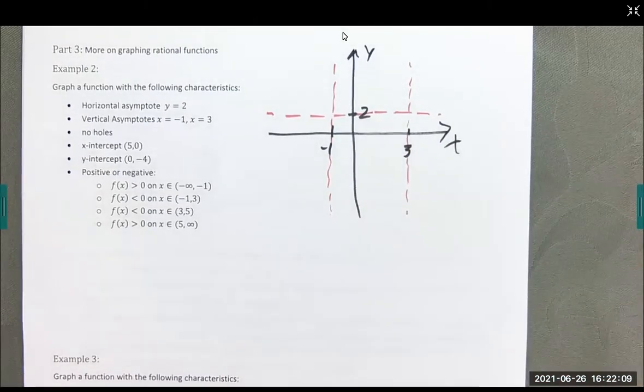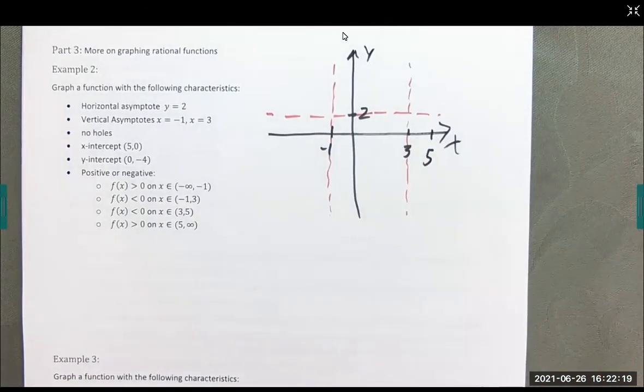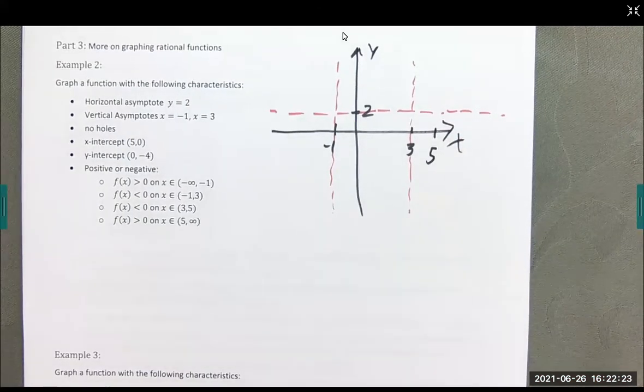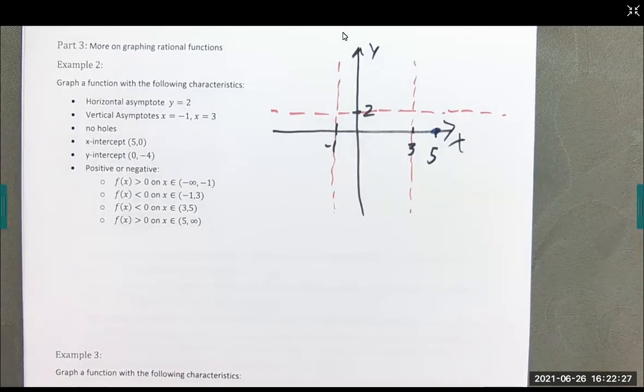All right, no holes. X-intercept is at 5, so this will be 5 here. So let's extend that further. X-intercept, there's only 1. Y-intercept is at -4.